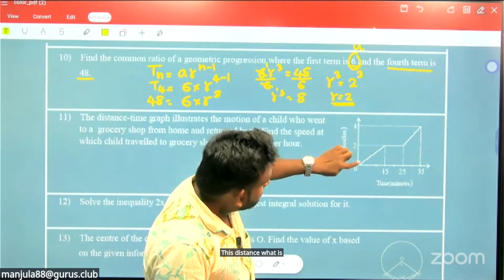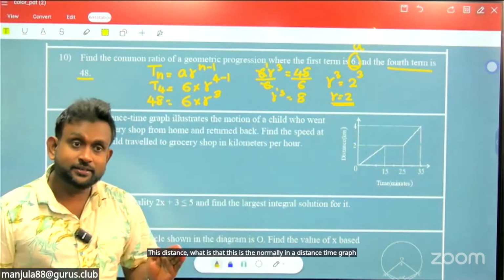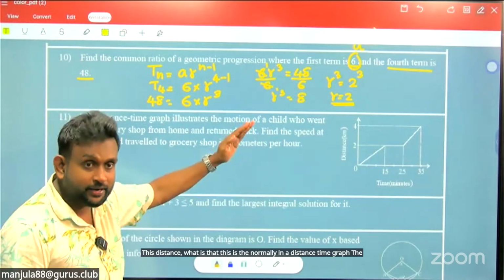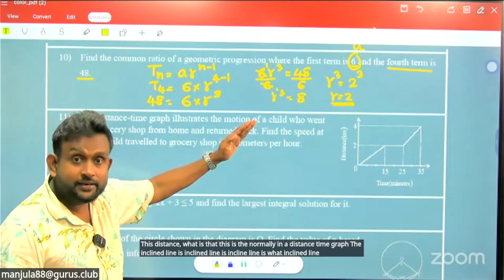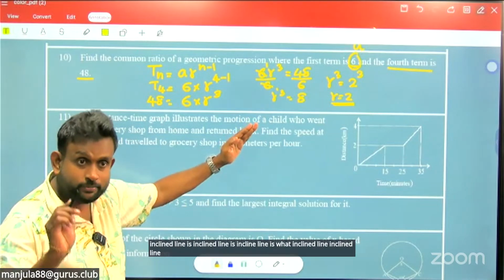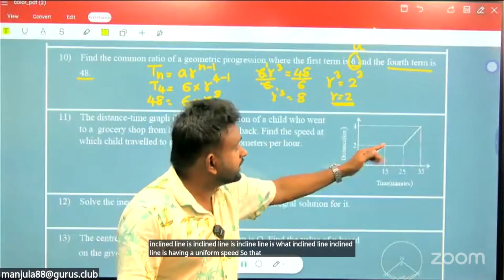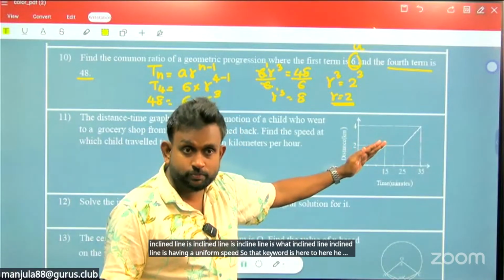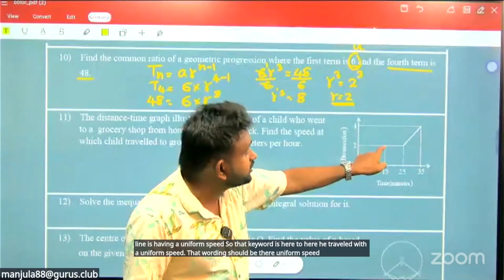Normally in a distance time graph, an inclined line means uniform speed. So from here to here, he traveled with a uniform speed. That wording should be there, uniform speed, and he reached the shop.